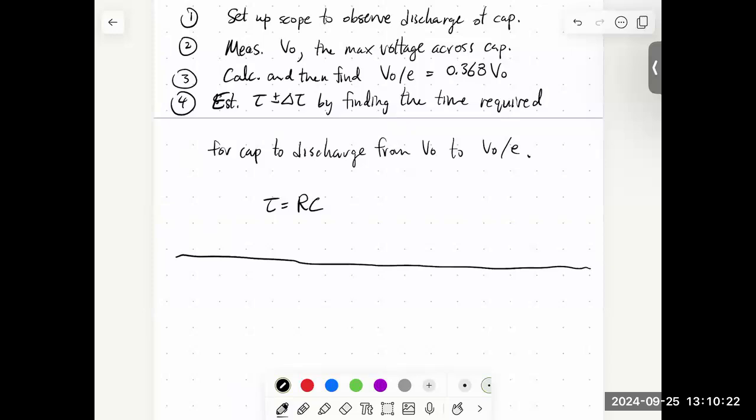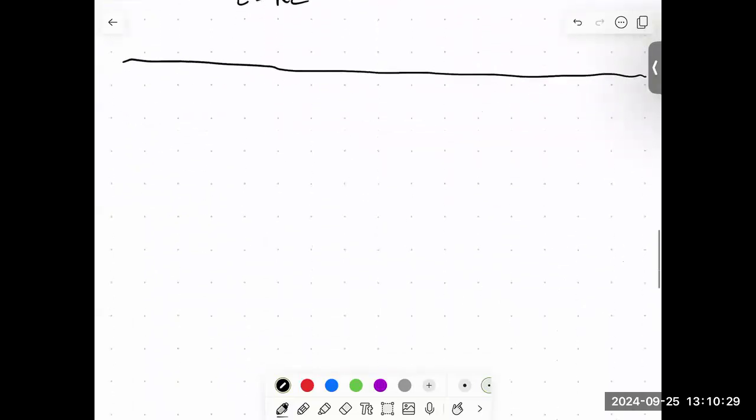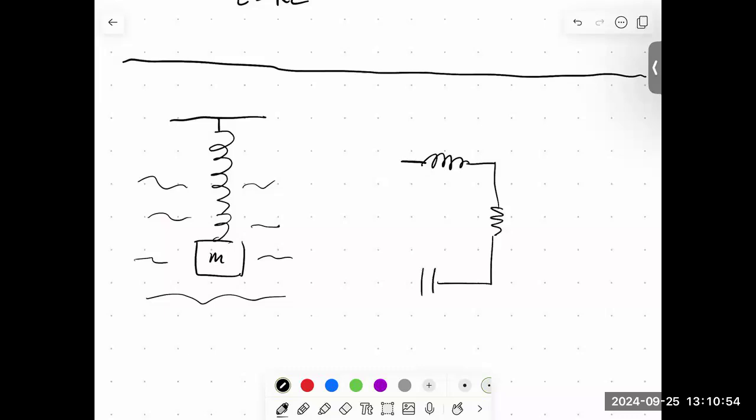Okay, so what I want to do is switch gears a little bit, and think back to something that we've already talked about, and that was this comparison between a mass on a spring in some kind of fluid and our LRC circuit, which we drew as a series inductor, resistor, and capacitor.